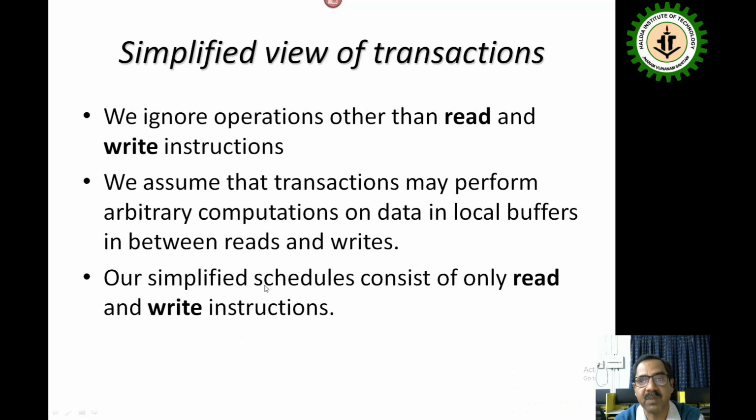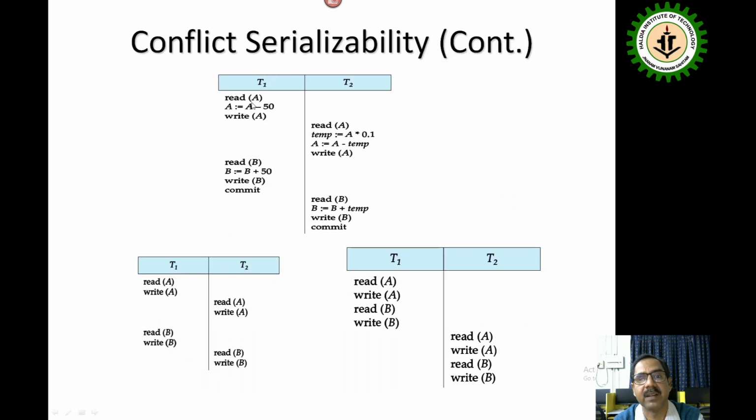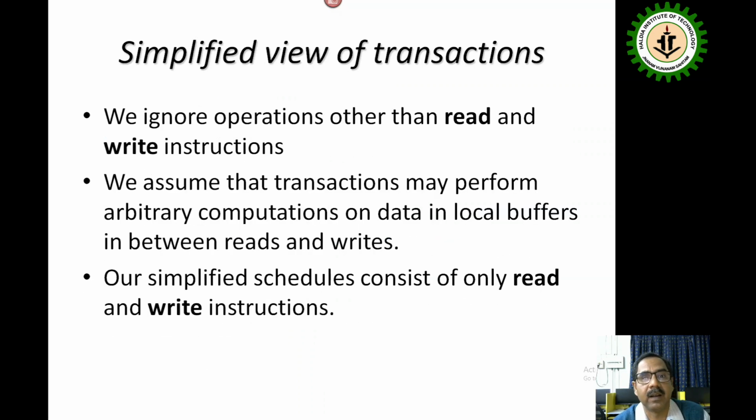So we can write our simplified version: read A, write A, read A, write A. That means we only consider read and write operations. All the other operations, which do not access the database and are only executed in the local buffer, we ignore. So we simplify the view of the transaction, that means we simplify the set of instructions of the transaction.